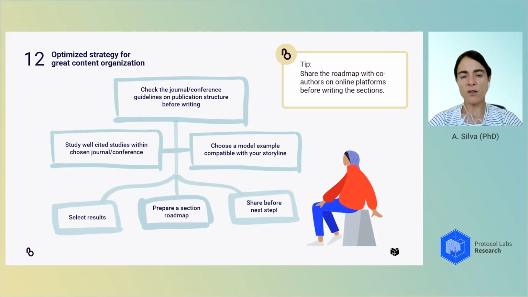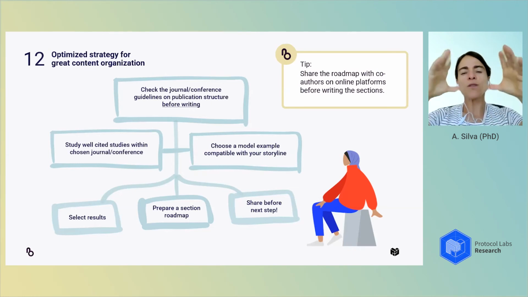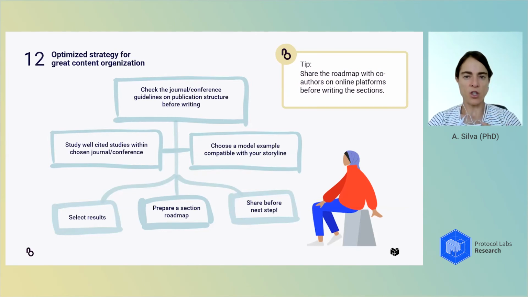You have access to that file later. I'm not going to go into a lot of detail because it's quite a lengthy document, but the idea is that with this roadmap you set up the skeleton of the contents of the section. You have two or three pages of the manuscript where you insert the key take-home message you want to include per section, in the order you think is best.